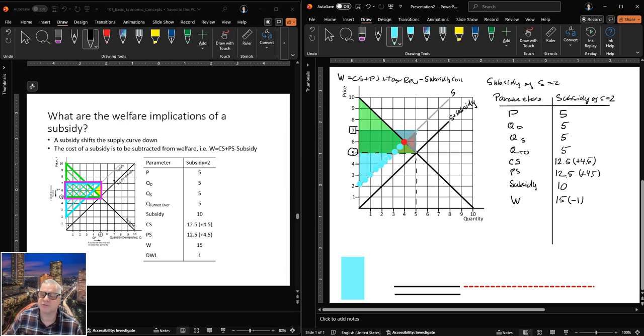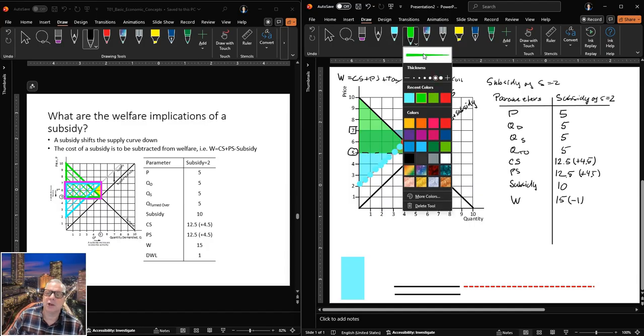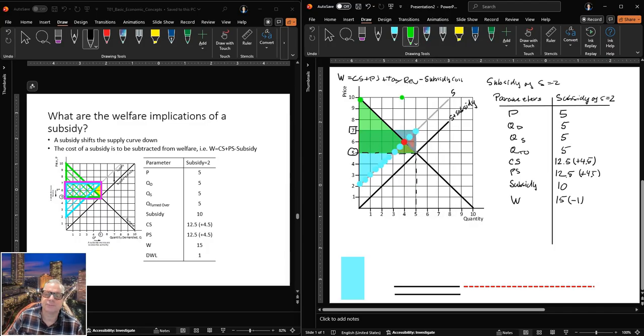That's the true reservation price. And now the true reservation price continues here. And what we do is we basically lure in consumers who are lined up here.